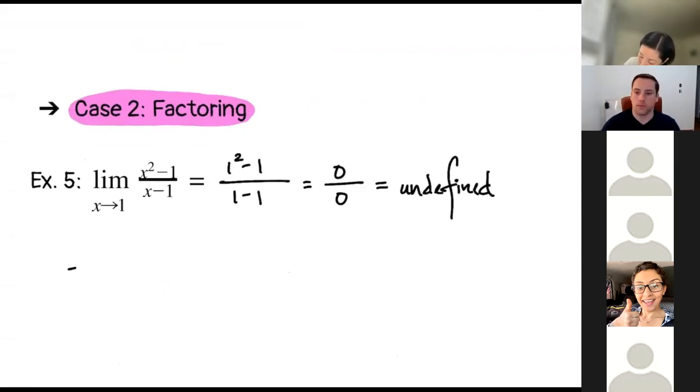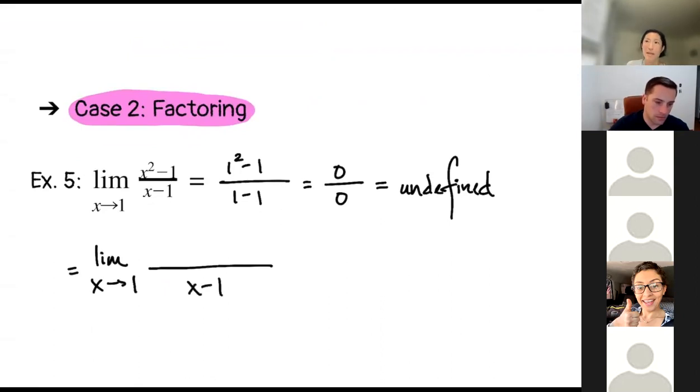Once you get the undefined, you're going to go back to your original limit as x approaches 1. Now the numerator, I'm going to leave as x minus 1. It's a linear term, not factorable. There's no common factor there. x squared minus 1 though, very classic factoring, right?